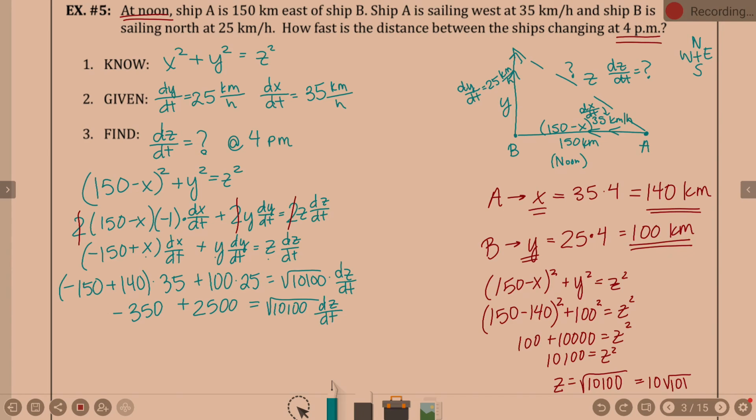And if that's 2,150, what am I going to have to do? I'm going to have to divide by the radical. Is that making sense there? So I'm going to say that dz/dt is 2,150 divided by the square root of 10,100.